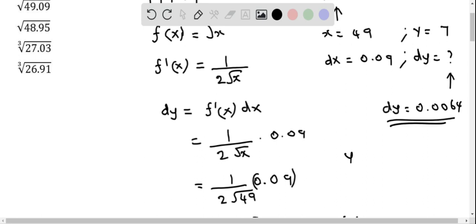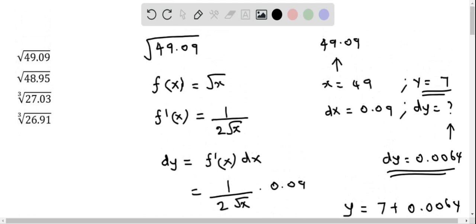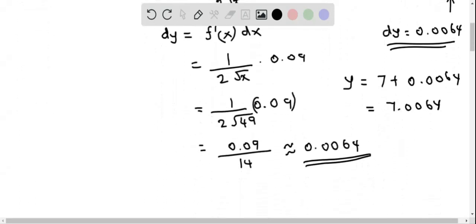Therefore, the new y is the initial value of y plus the change in y, that is dy, which is 0.0064. When we add these two, we get 7.0064. So this new y is basically the square root of 49.09.